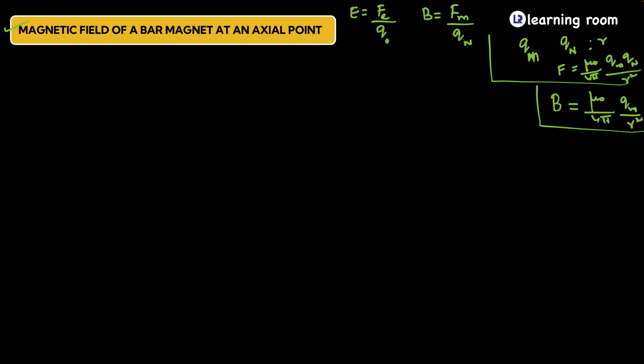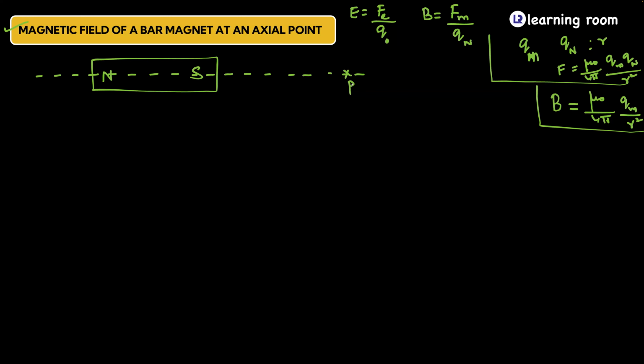We will take a bar magnet like this, north pole and south pole. If I take a point P here, then we will see what the magnetic field is at this point. But one point to be noted is that the bar magnet is a small one.